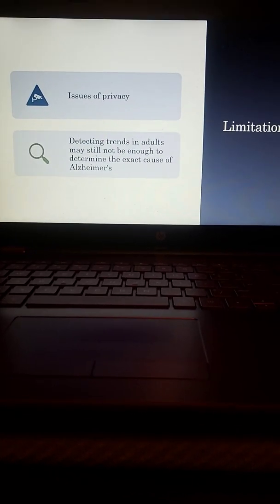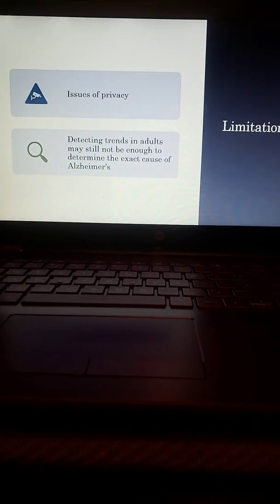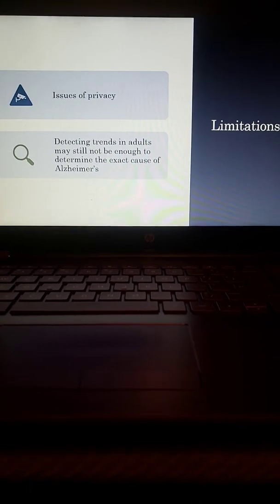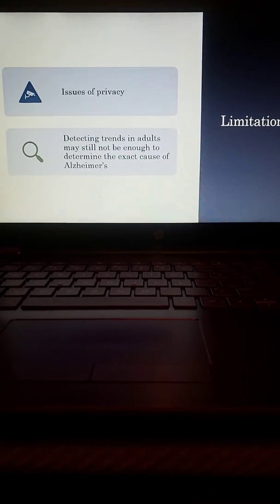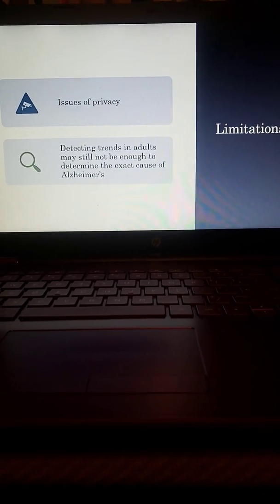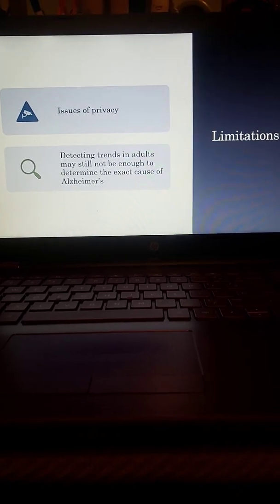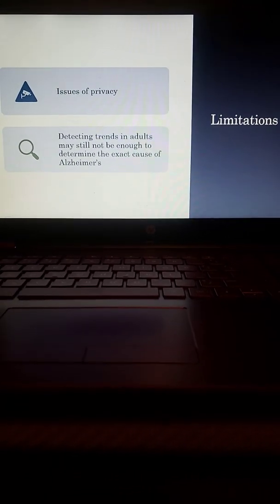And there are also those who do not want their medical information to be accessible for whatever reason. So in order to access the big data and find the trends, we would have to get around issues of privacy and find ways around that.